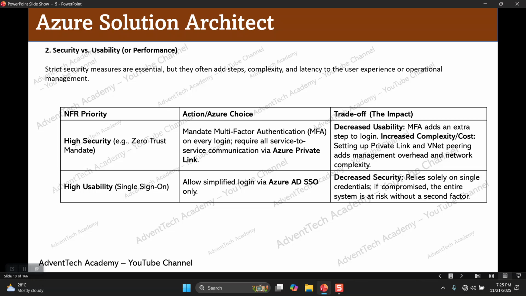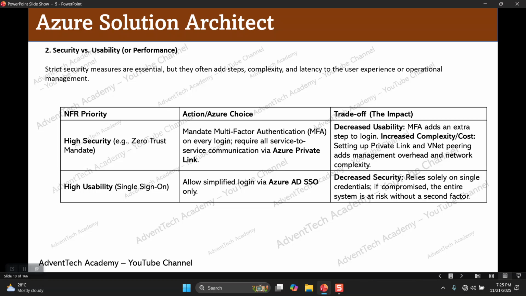The trade-off impact is decreased usability. So MFA will add extra steps to login, and there is increased complexity cost. Setting up private links and VNet peering adds management overhead and network complexity. So there is always a trade-off between NFRs.